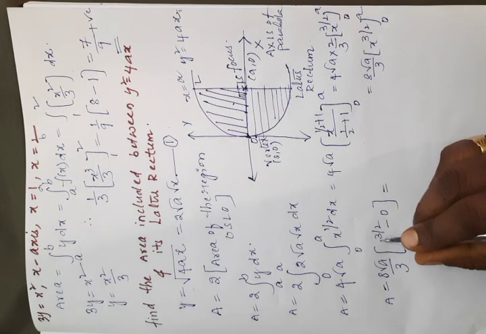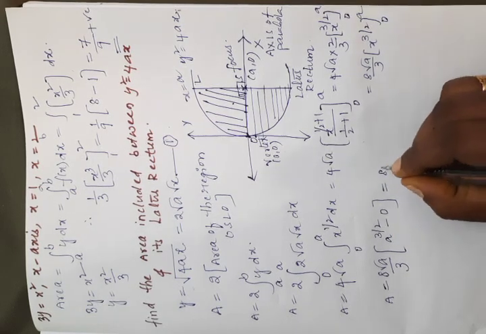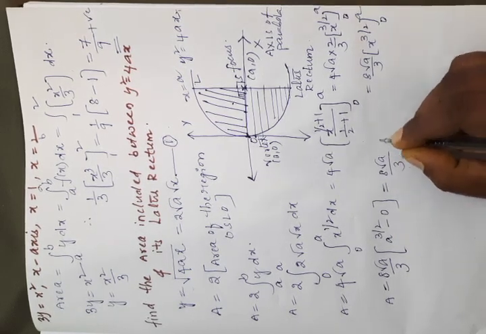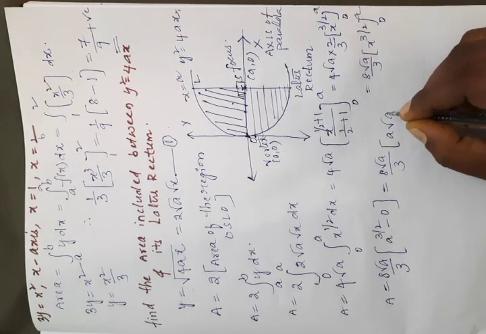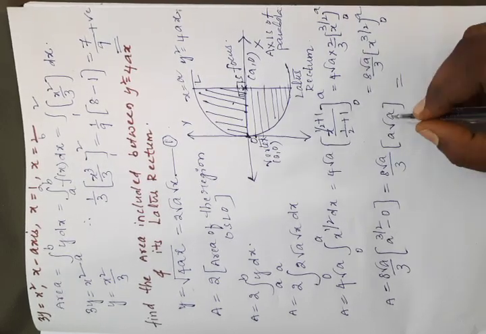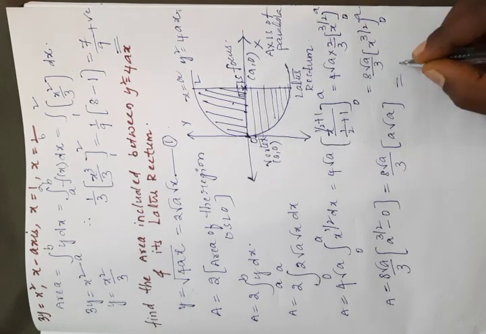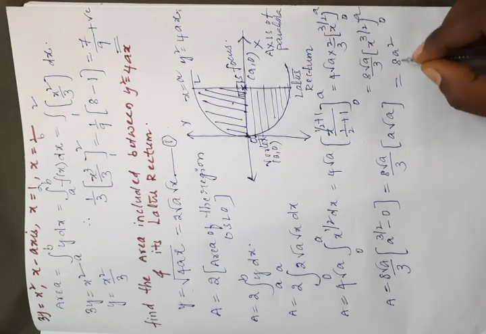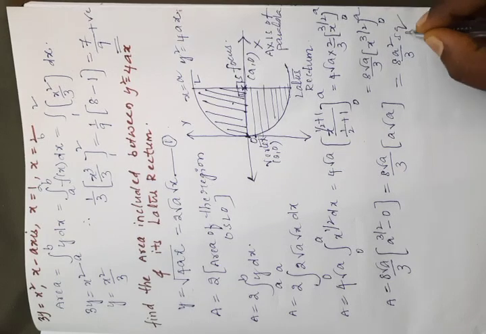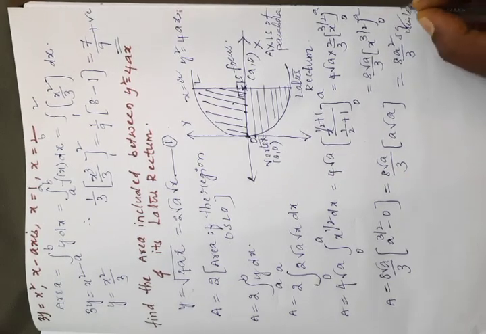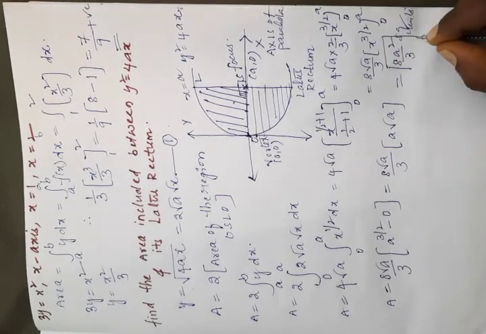So a power 3/2 can also be written as a into root a. Therefore root a into root a becomes a, and a into a is a square. So 8 a square by 3 square units is our required answer.